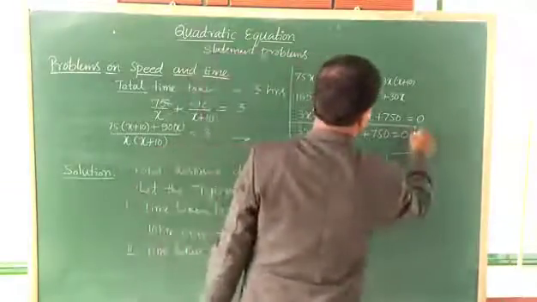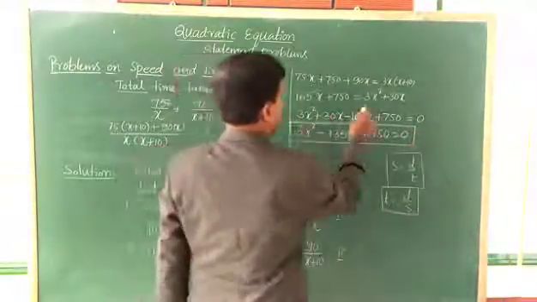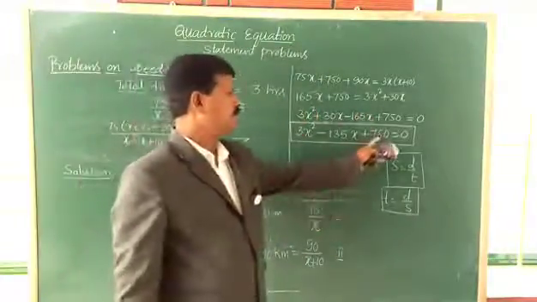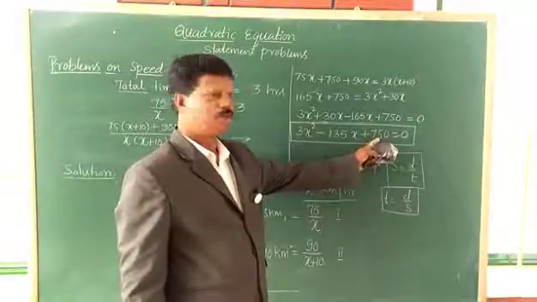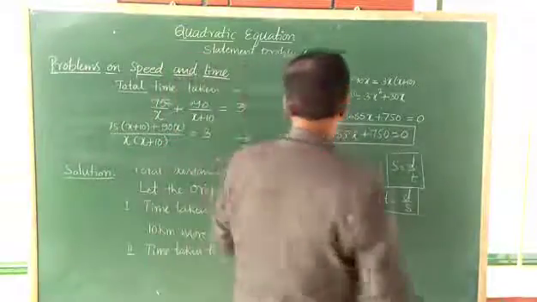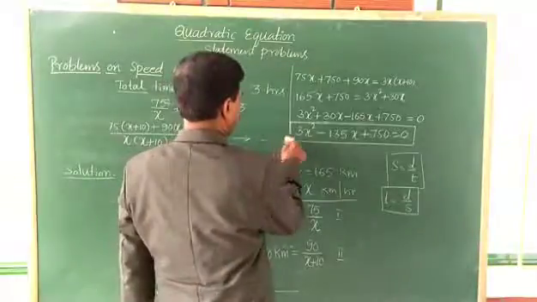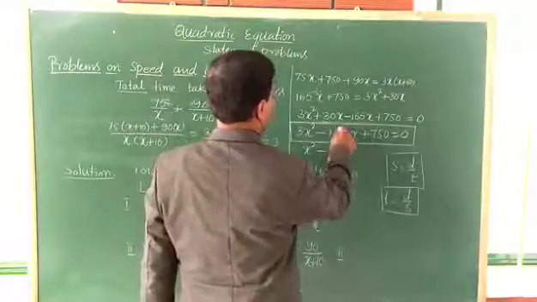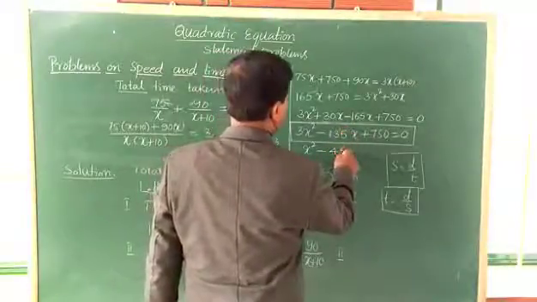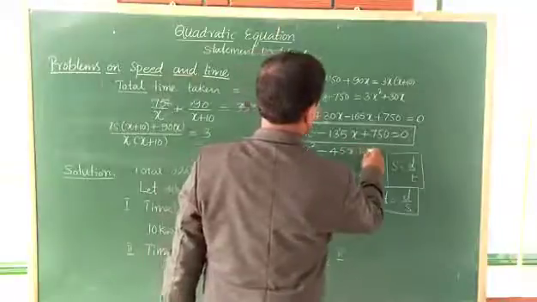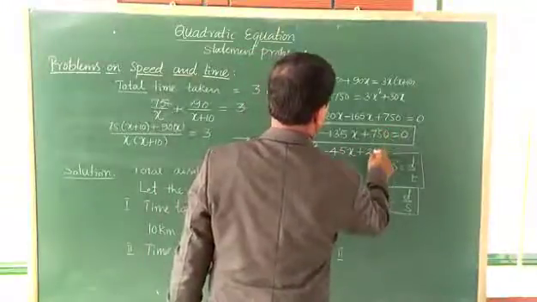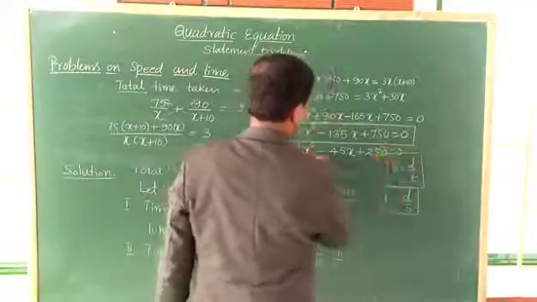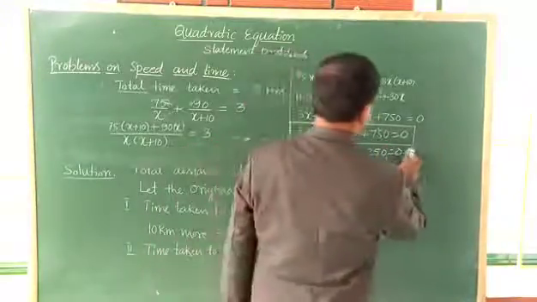So here is the standard form. Now, is it possible to divide this by 3? On dividing by 3, what are you going to get? x square minus 45x plus 250 equals 0. Now the simplest equation form is this.